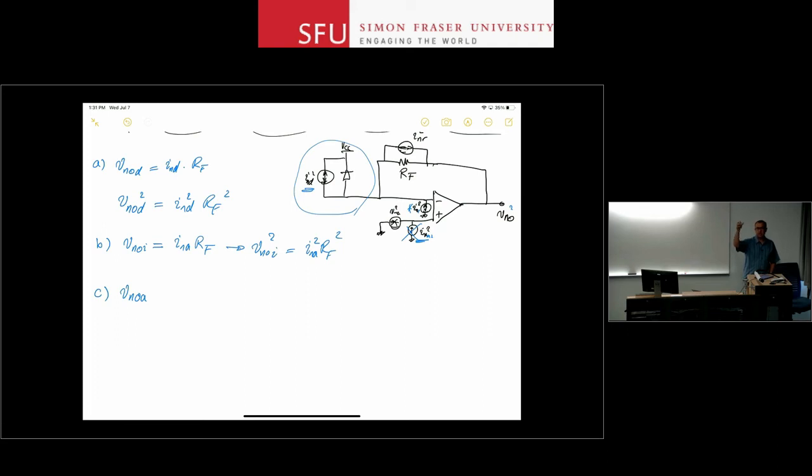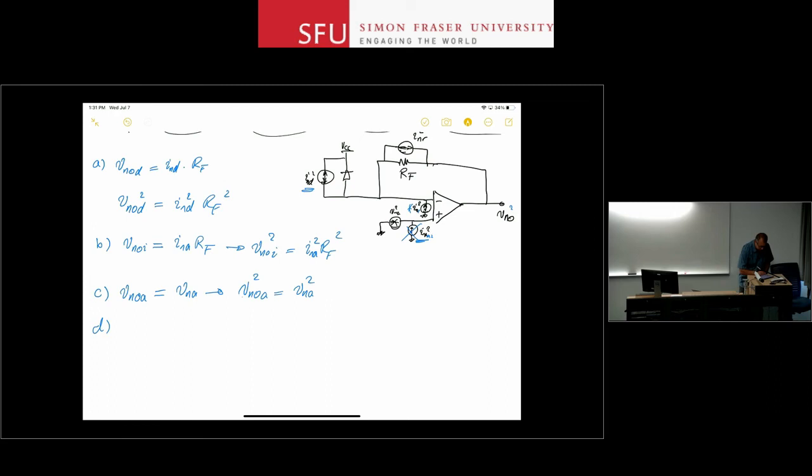I have an open circuit for the feedback resistor, the resistor that was connected to ground, and therefore the gain of the circuit is going to be 1, right? So VNOA squared is going to be VNA squared. Whatever your input signal amplitude is, that's going to show up at the output. So that was easy as well.